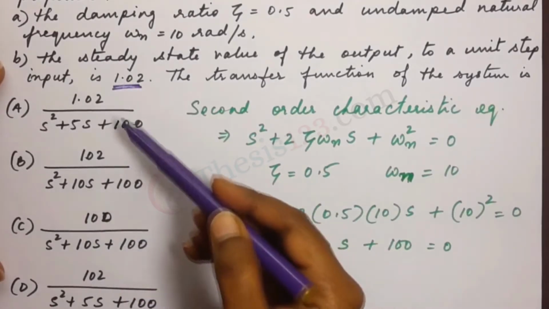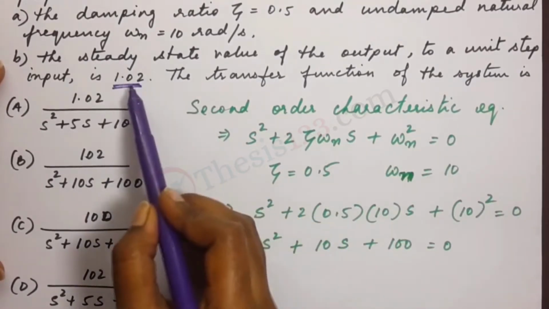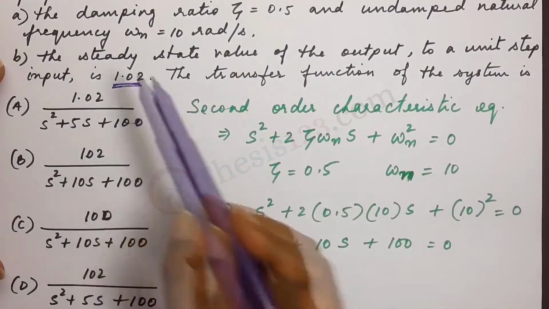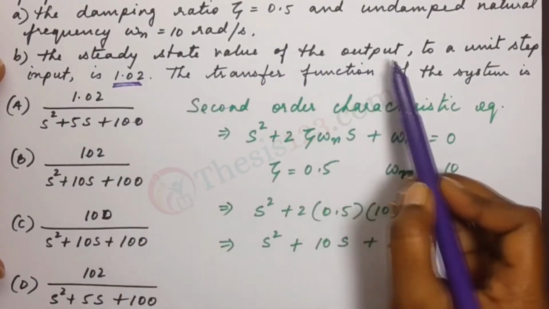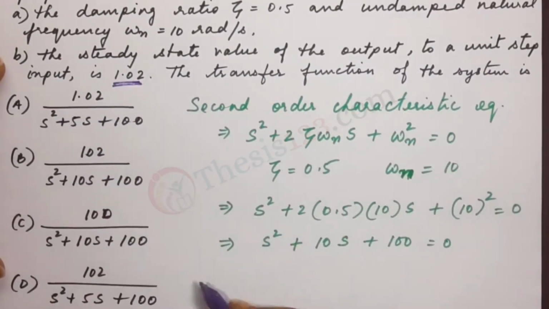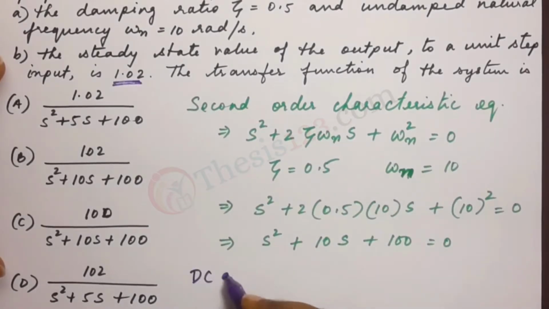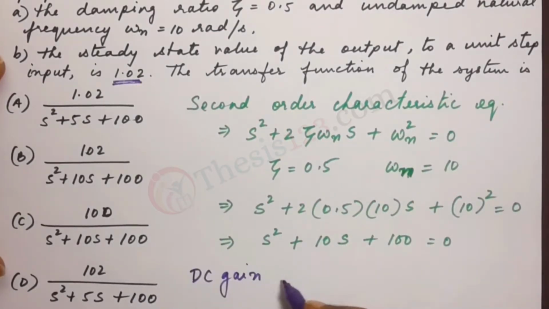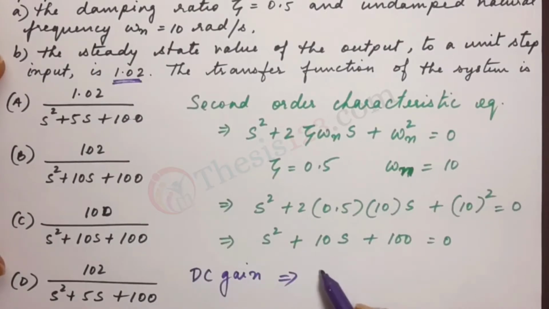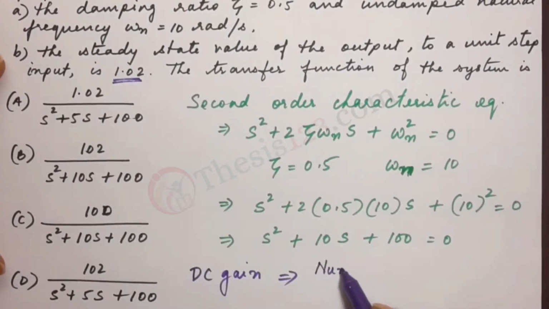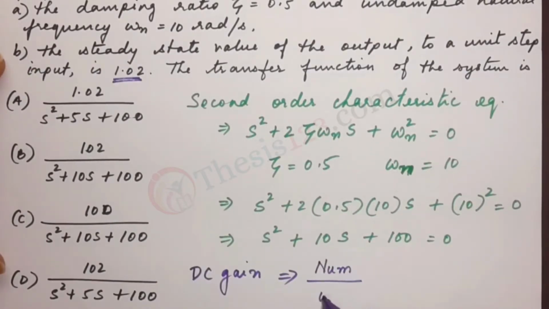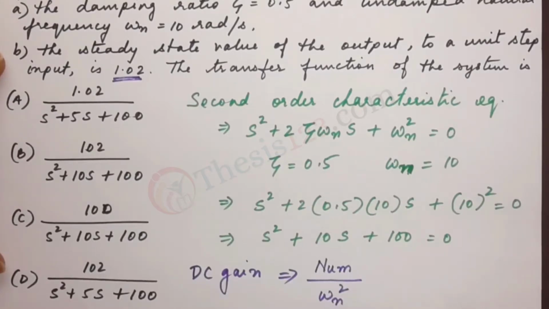Now we have to check which option matches this ratio. So the ratio of the output to unit step input is the DC gain, and that would be the numerator divided by omega n square.